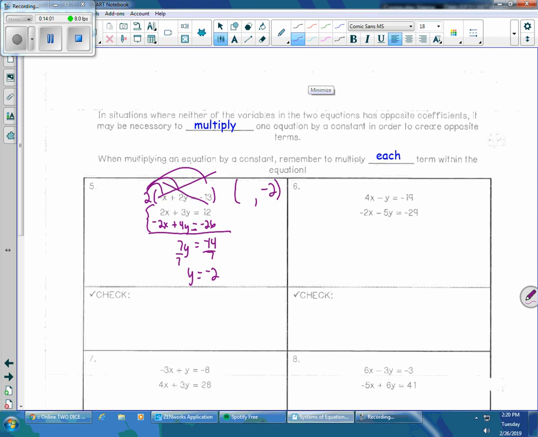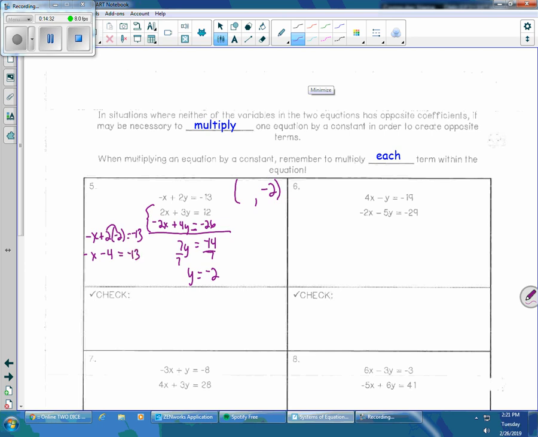Here's where I might go back to the original equation, just for the sake of easy math and for the sake of not making a math error. So I said y was -2. If I use my first equation to solve for x, I've got -x plus 2 times -2 equals -13. -x minus 4, because positive 2 times -2 is going to be a -4, equals -13.